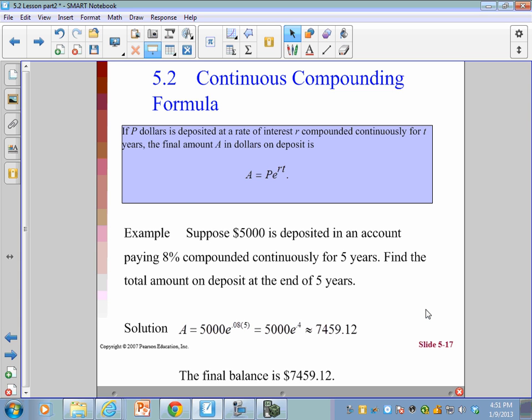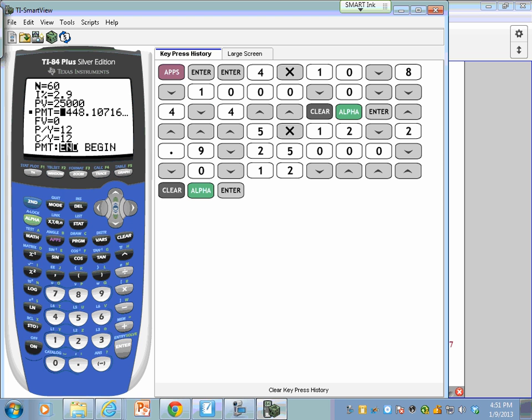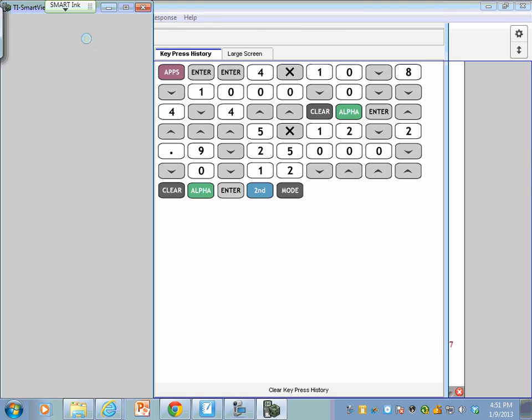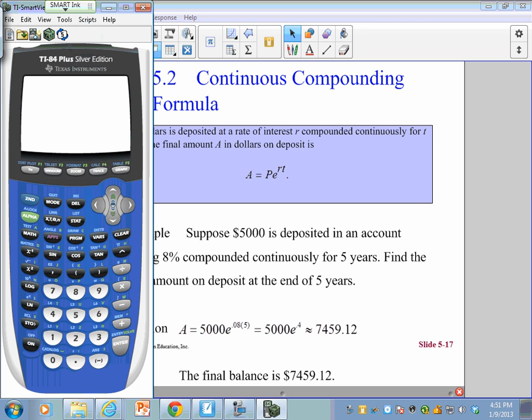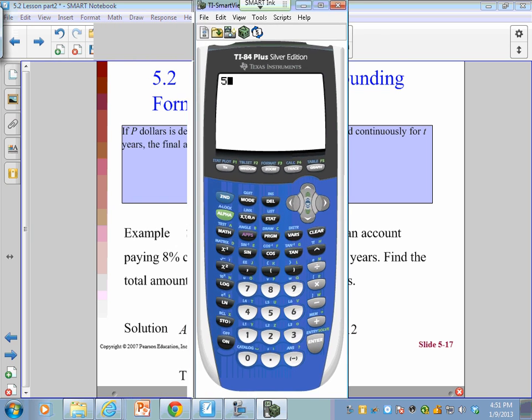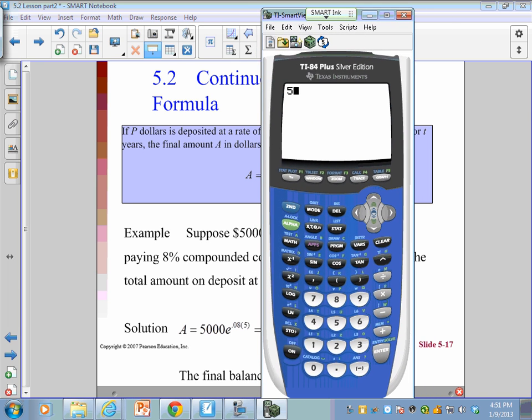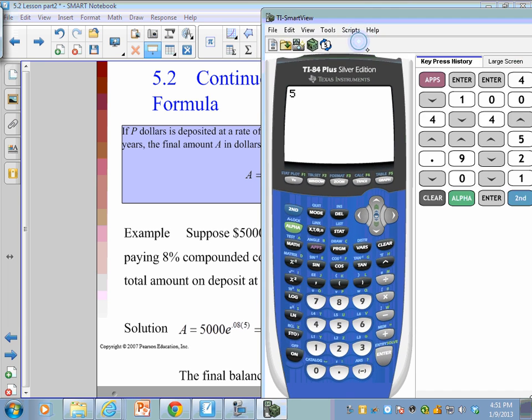On your calculator, the E button is down here on the LN, the E to the X. Let me put the view back on.